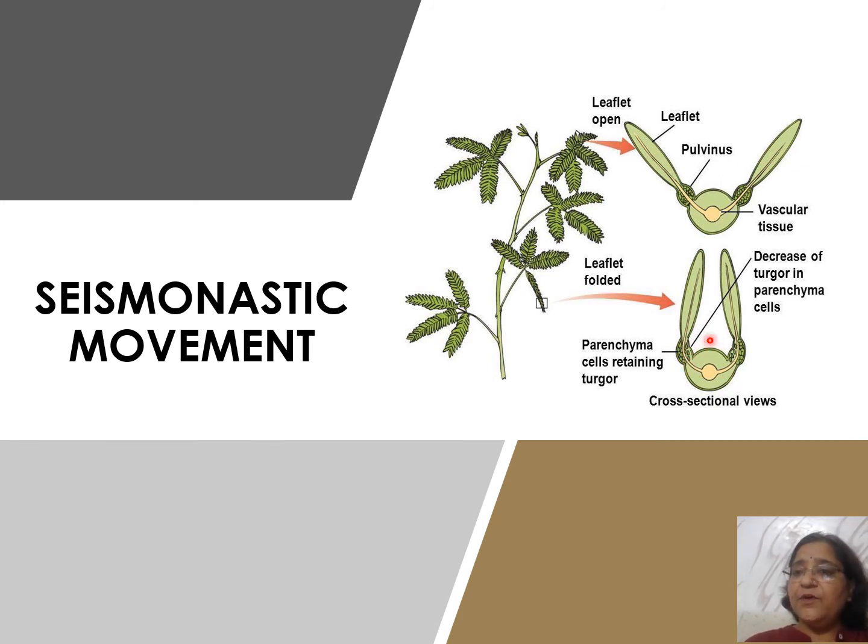The leaflets become like this, so they come close to each other, and the drooping effect is also seen. The petiole drops down. But when the touch stimulus is removed, when you take out your finger, the potassium goes inside the cell, and endosmosis takes place again, meaning the cell regains turgidity.